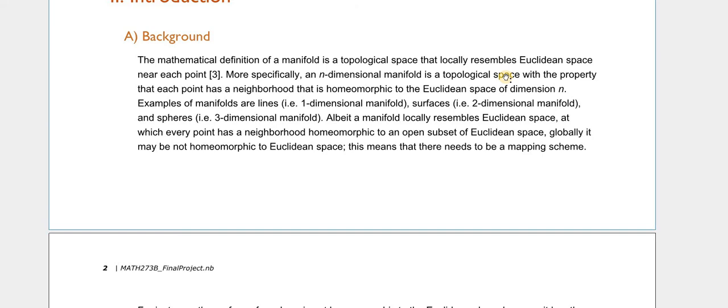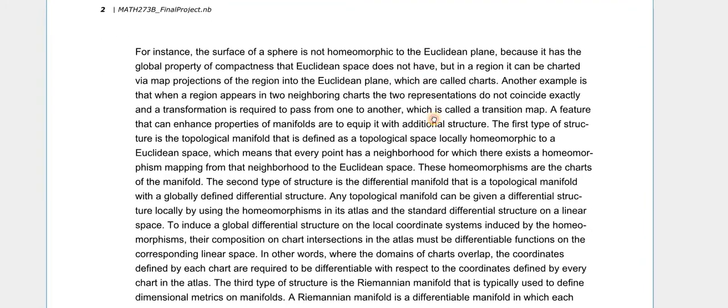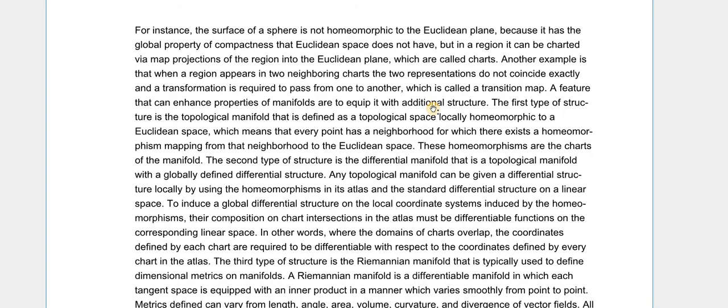Since this is the case, we're going to need to perform some mappings. That's going to be the main computation of how you use manifolds for data science: you're going to be doing some back and forth mapping from space to space.